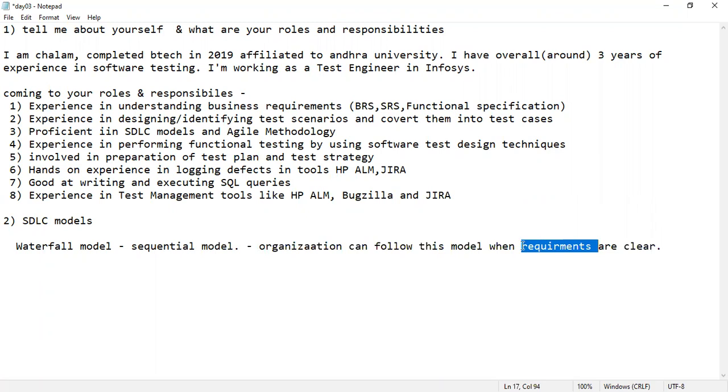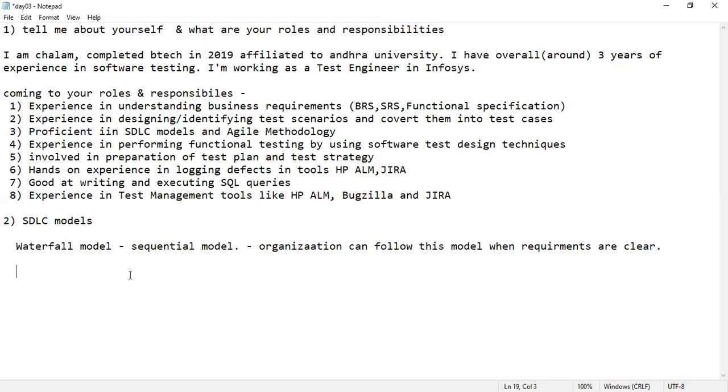We call the same terminology for the requirement. Okay. So when requirements are clear. Basically, we will explain it before moving to the phases in the waterfall model.